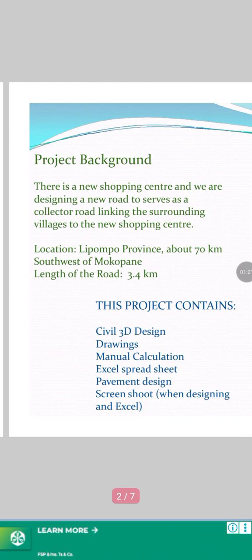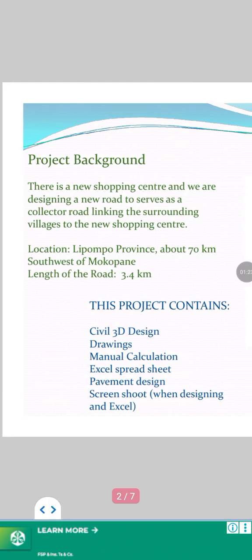This project contains the Civil 3D design steps that we have used, and of course the drawings, which will be showing the layout, the profile, the cross-section, and the quantities of the road, and they are from the Civil 3D design.